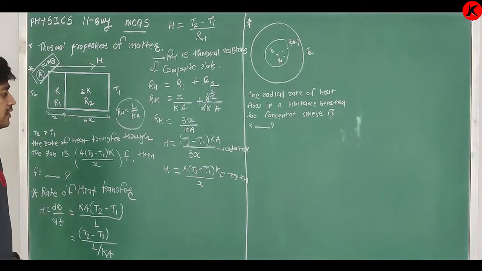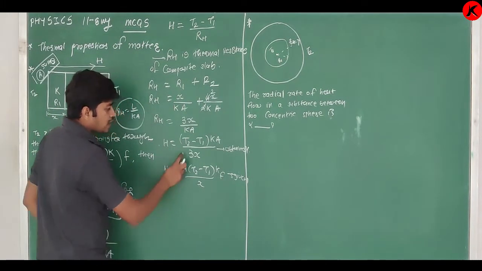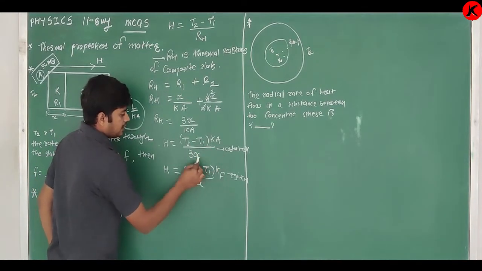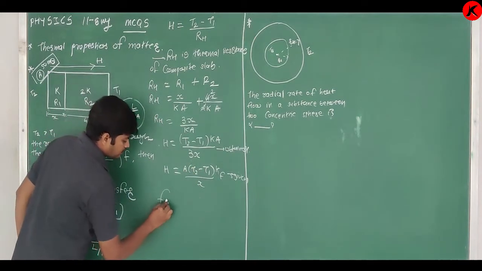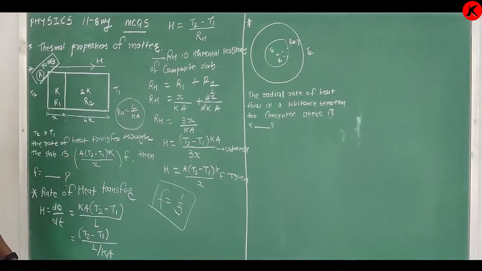H is equal to T2 minus T1, Ka, x. Then what is the value of F? It is 1 by 3. If you compare, you will get the value of F. F is equal to 1 by 3. So yes, it is your answer.